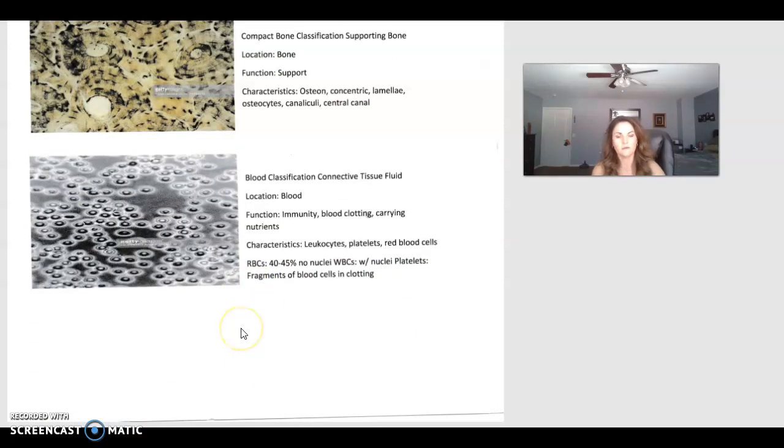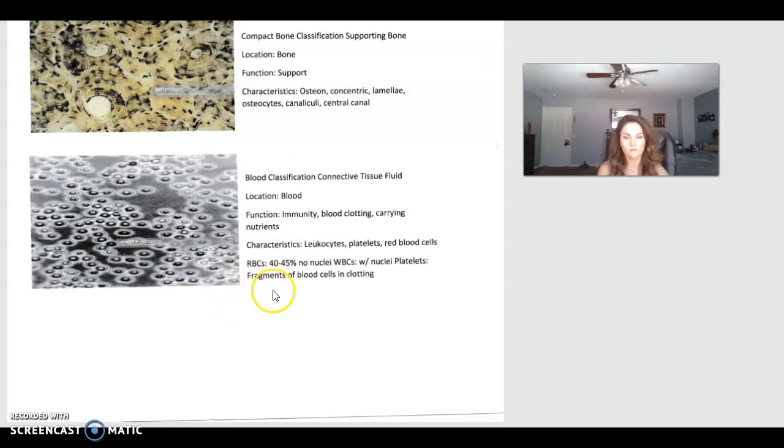Our next slide is blood, and the classification is connective tissue, fluid, and its location is the blood. This function is for immunity, which is the white blood cells, and blood clotting for the platelets, and carrying nutrients. So the characteristics are leukocytes, platelets, and red blood cells.